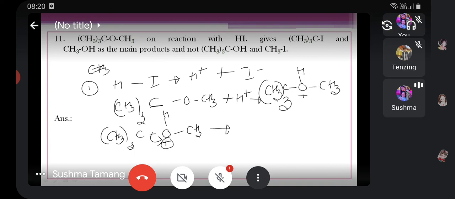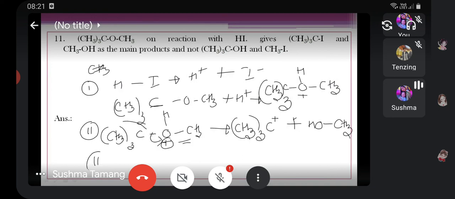it will happen at this carbon and this oxygen. Why this carbon? Because when the bond between the two breaks, we'll get a tertiary carbocation, and this one is very stable compared to the primary. And the other molecule we get is CH3, then OH. This is step 2.